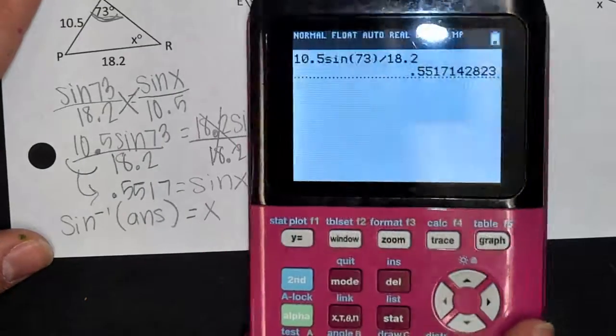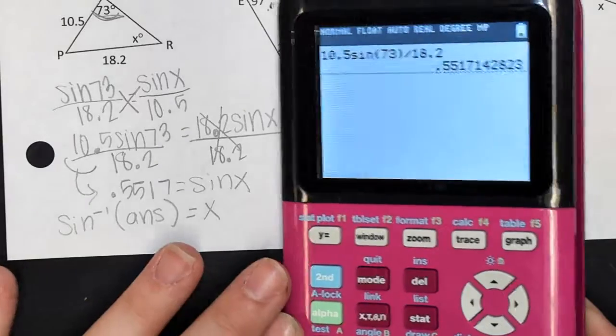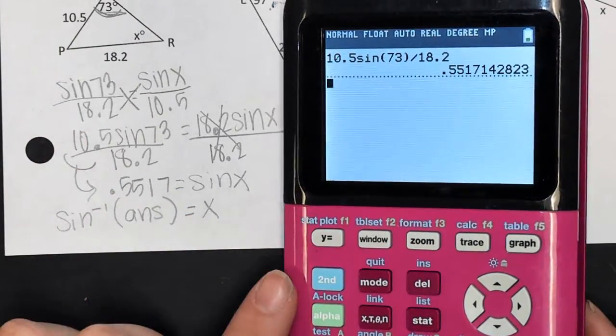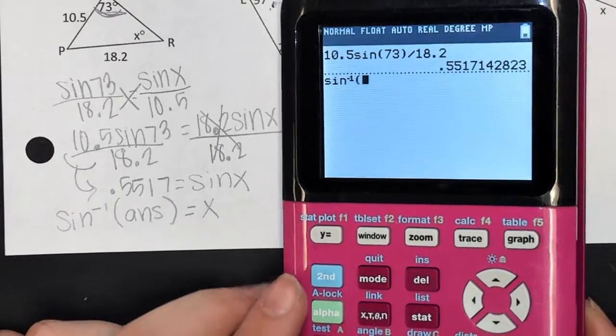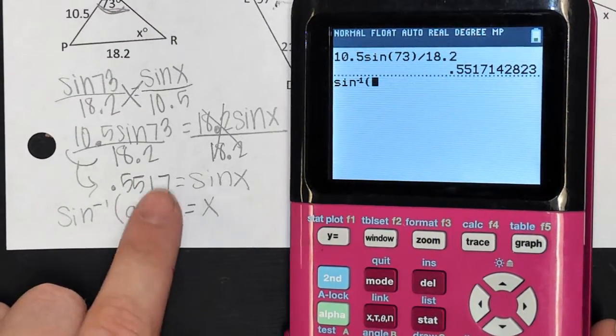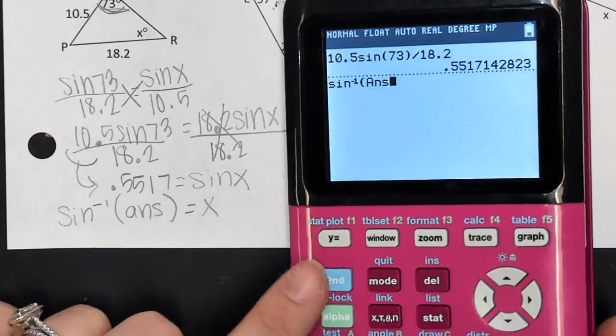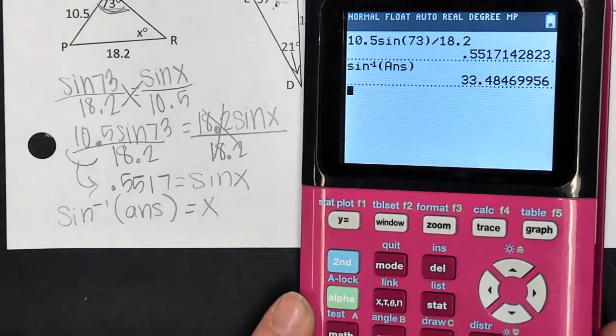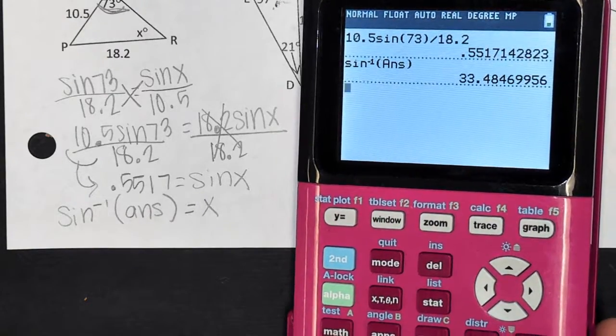I've already simplified this and I still have 0.5517 here. Do second sine, and then you can plug these numbers back in, or you can press second answer in your calculator, press equals, and you should get 33.5.